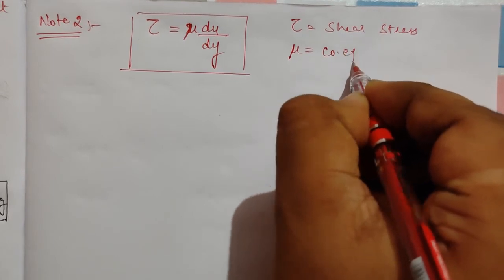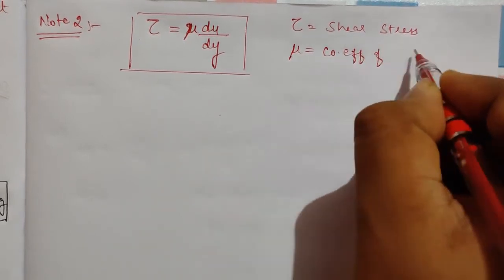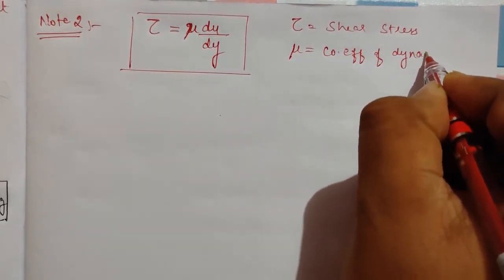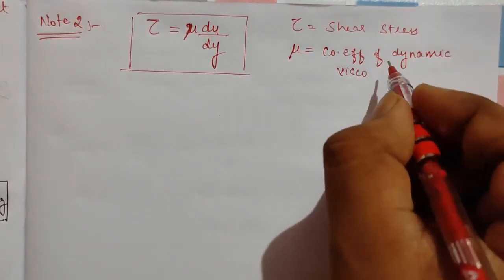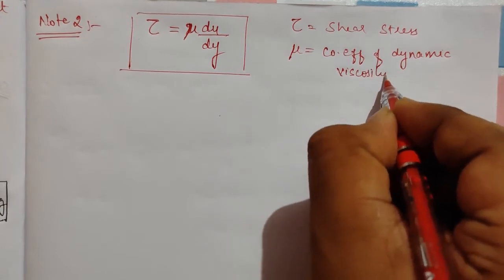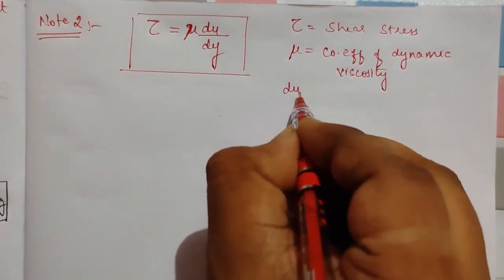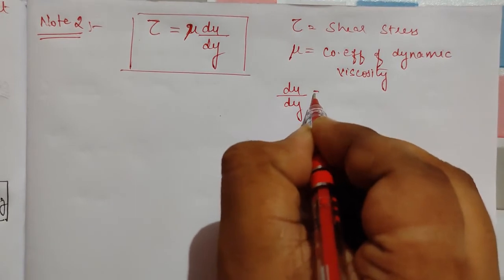So coefficient of dynamic viscosity. So viscosity is resistance to flow. So this du by dy, what is this?